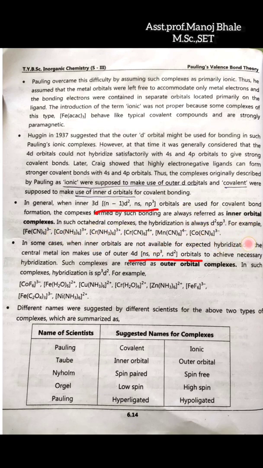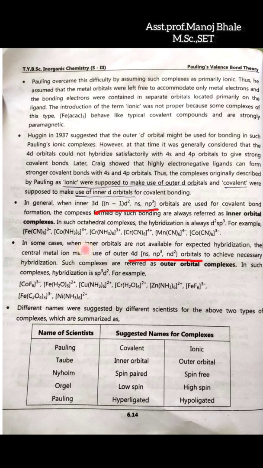There are some examples of d2sp3 hybridization. In the example, Fe is surrounded by 6 cyanide, so this is hexacyanoferrate.